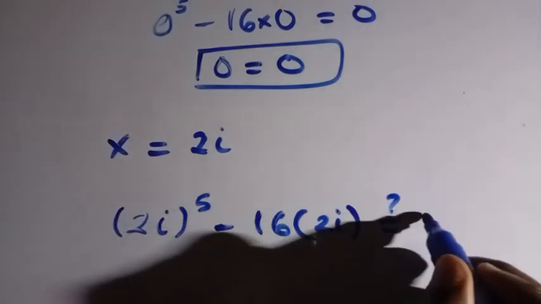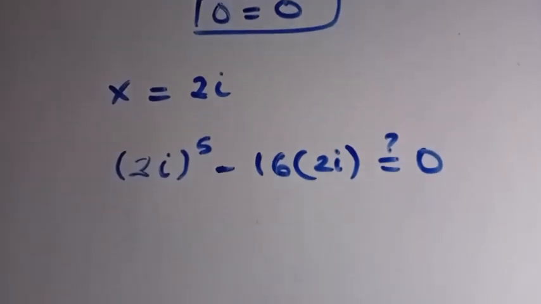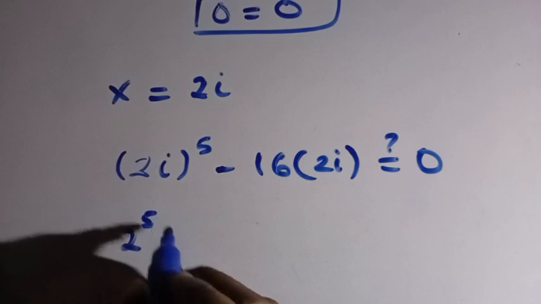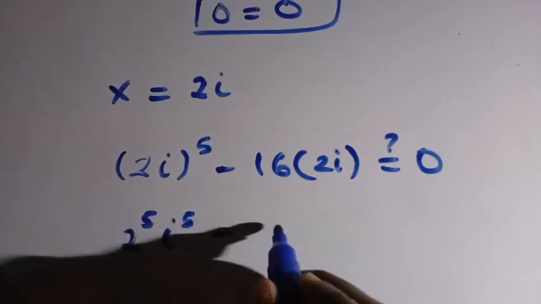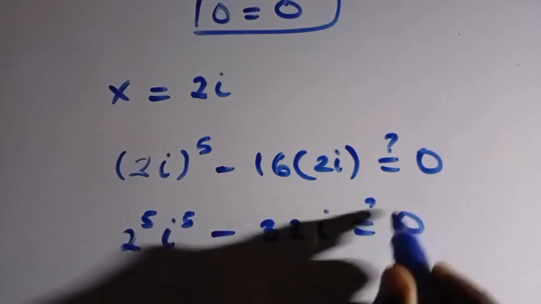I want to check if this equals 0. By this, we have 2 to the power 5 here, and we also have i raised to the power 5, then minus 32i. We want to check if this equals 0.